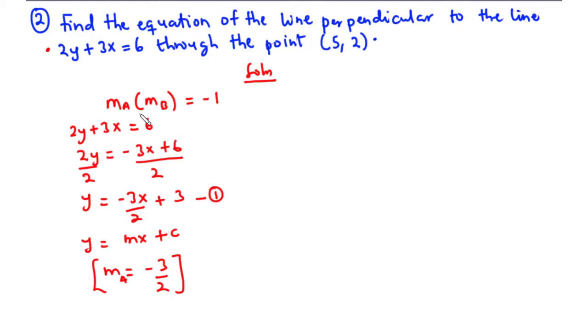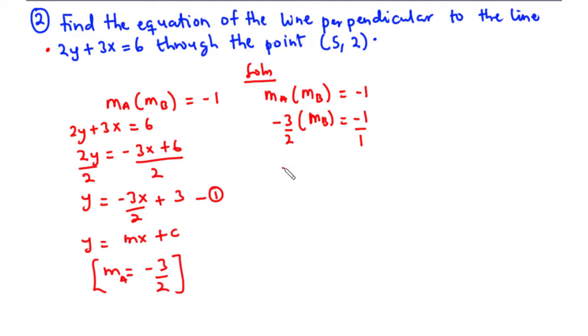Now we know that MA times MB should give us -1. So now let's find the gradient of line B. We know that MA times MB equals -1. We have MA to be -3 over 2. So that is -3 over 2 times MB equals -1. Here we can cross multiply.